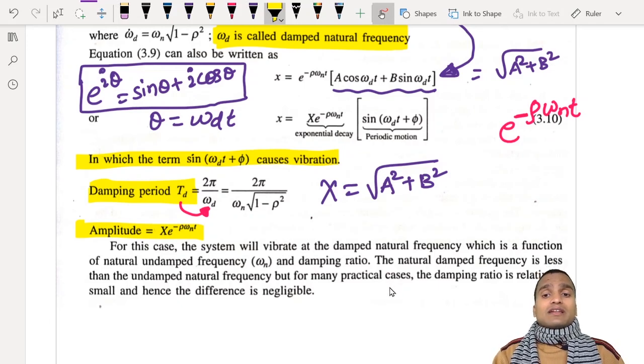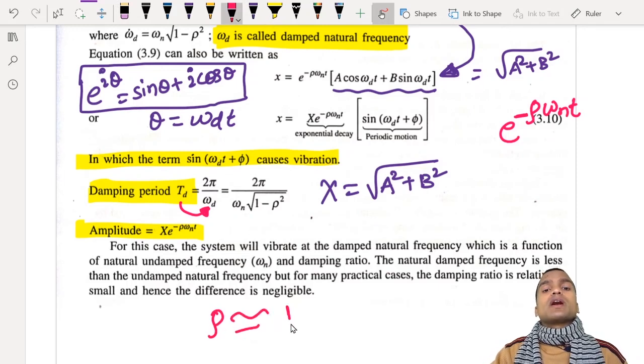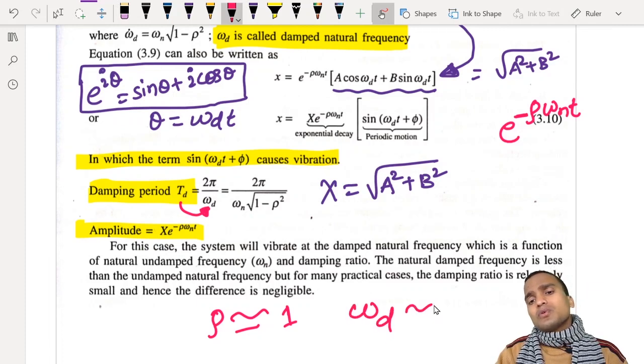But for many practical cases the damping ratio is relatively small, and hence sometimes the difference is negligible, so omega d is almost equal to omega n.